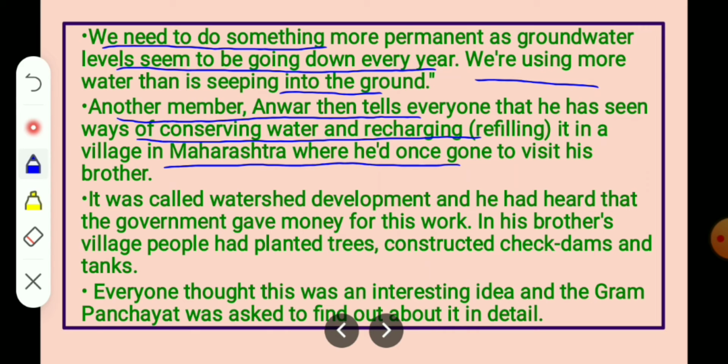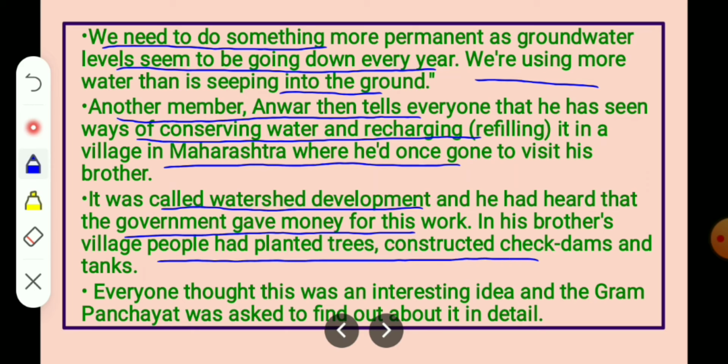It was called watershed development, and he had heard that the government gave money for this work. In his brother's village, people had planted trees and constructed check dams and tanks.